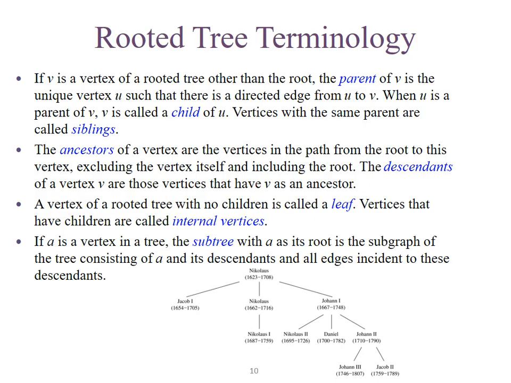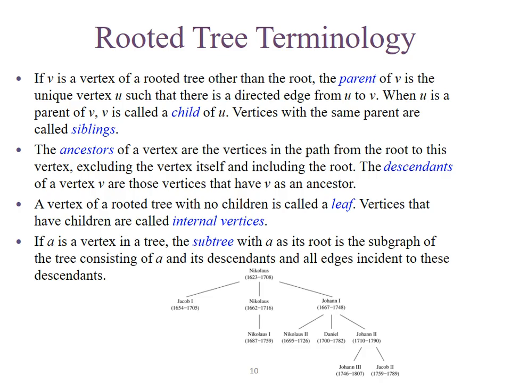Ancestors are the vertices in the path from the root to this vertex. Actually, you can travel from the root to any vertex in this tree. If a vertex is along the path when you travel from the root to that vertex, then it is called an ancestor of that vertex.